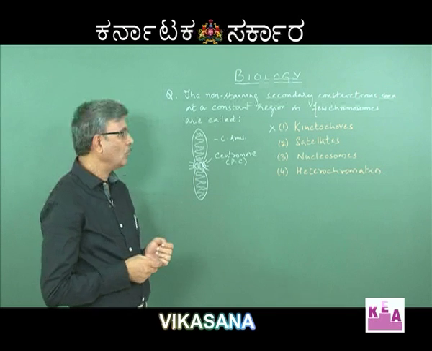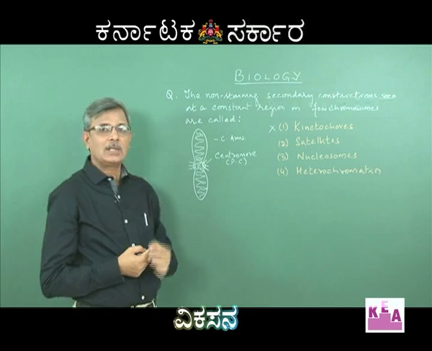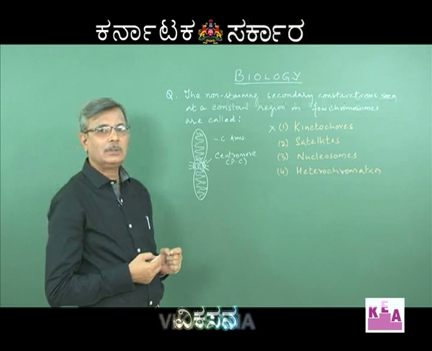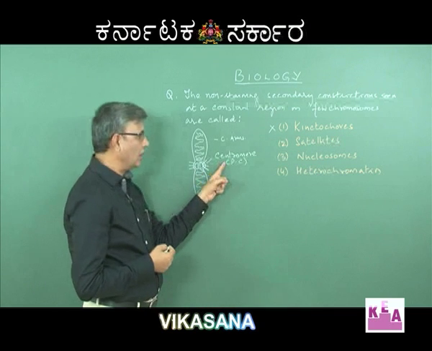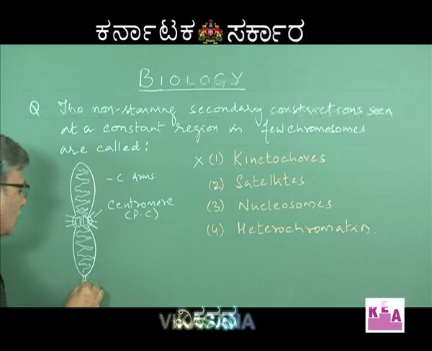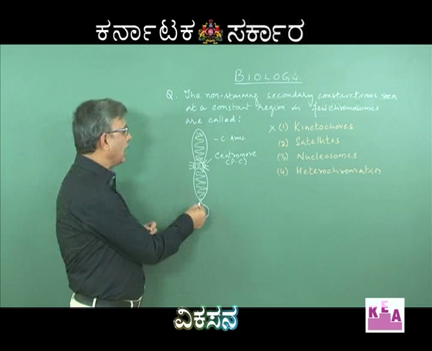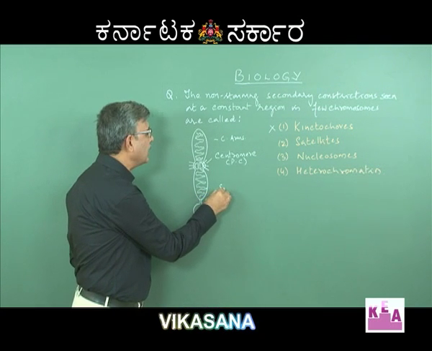Fine. Now we come to the satellite. Some chromosomes, in addition to primary centromere, are going to have another narrow area, what is called secondary constriction.